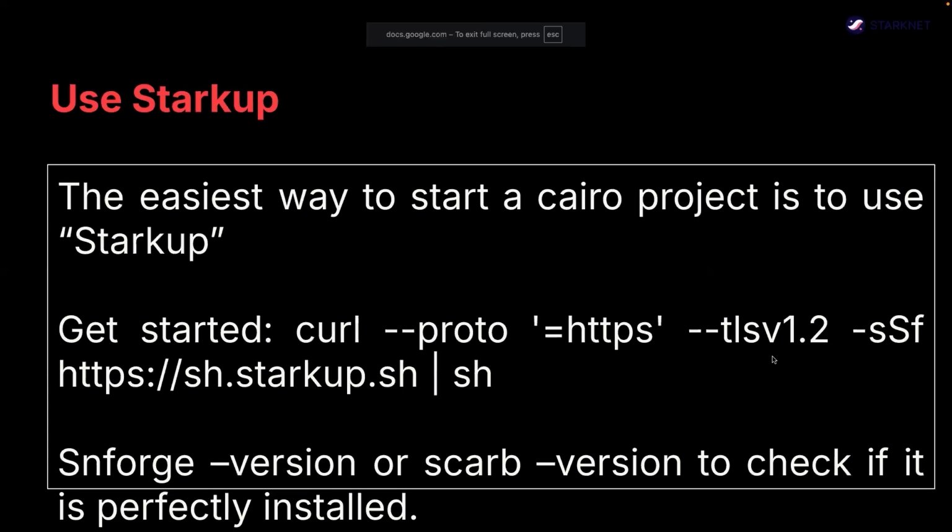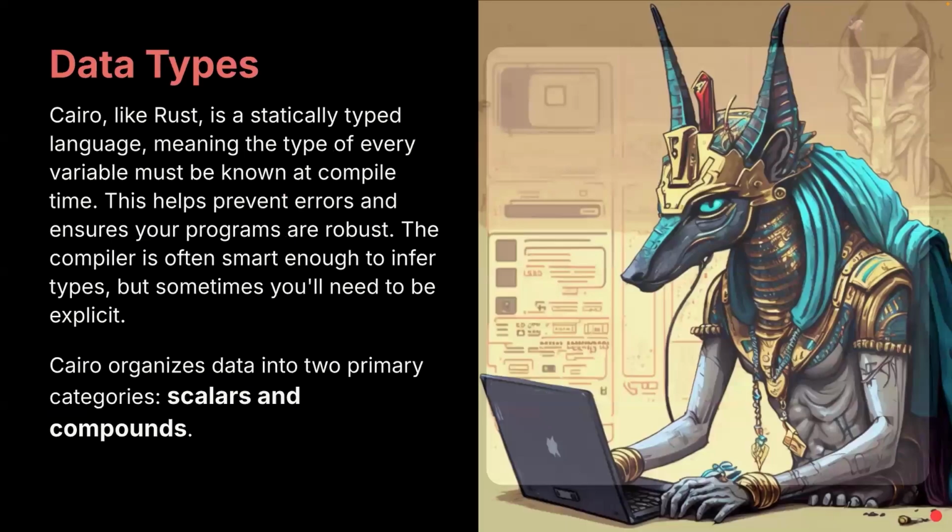So now that we have our development environment set up, we are going to dive into the real class for today. Cairo is a statically typed language. By statically typed, it means that the type needs to be known ahead of compilation. If your type is wrong, the code is not going to compile.